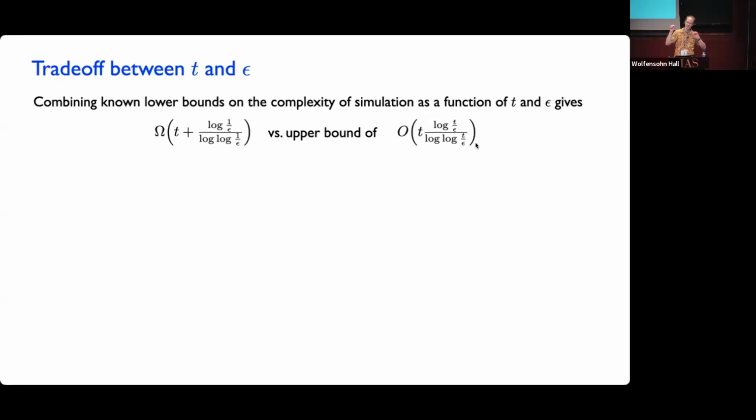But if you put together the information we know about lower bounds, the lower bound you get is the larger of t and log 1 over epsilon over log log 1 over epsilon, which asymptotically scales like the sum of t and this expression. So this is a lower bound that we know for the complexity of simulating for time t with error epsilon, and this is an upper bound that we have. We would like to close this gap. What is really the best we can do as a function of t and epsilon together?